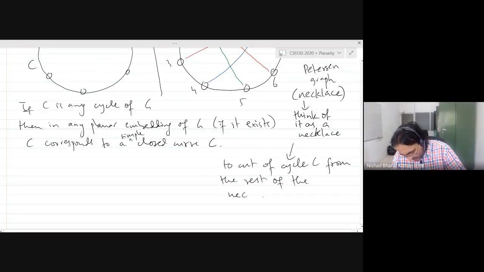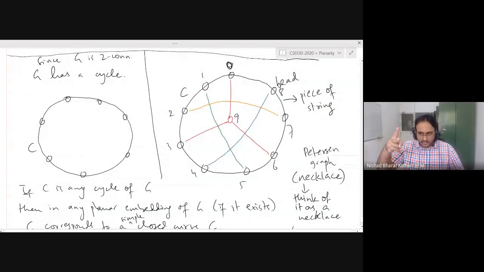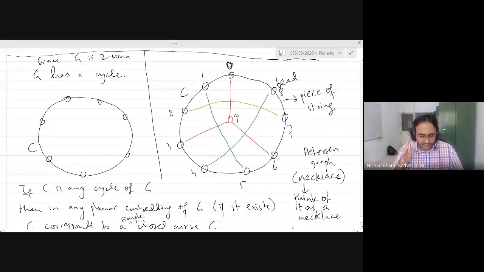Can someone tell me by looking at the drawing where exactly we are going to put these scissor cuts? I know this is super informal, but there is a reason I'm doing it this way. I want to deliver the intuition and not just go into formalism. Can anyone tell me where I should put the scissor cuts?